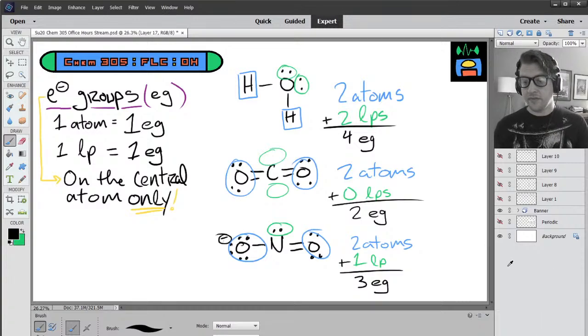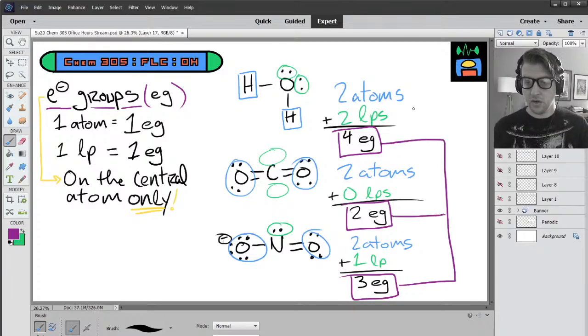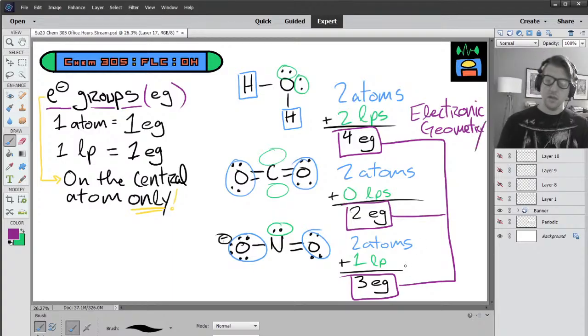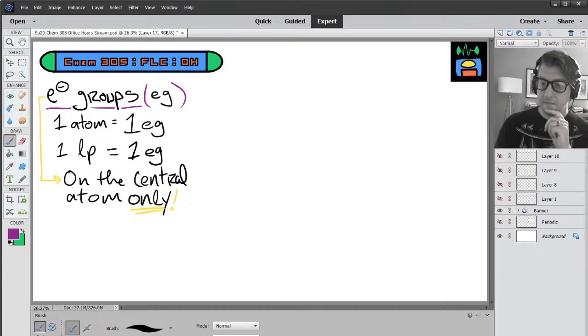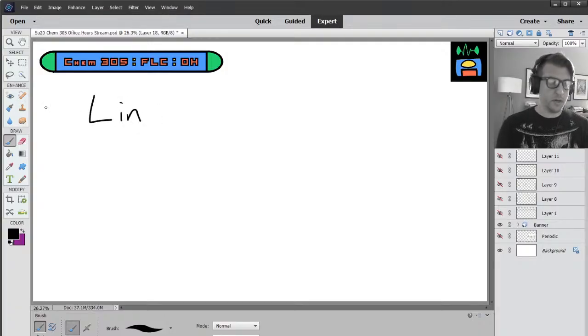And the number of electron groups around your central atom, these determine your electronic geometry. All right, those determine your electronic geometry, and here's how. For Chem 305, there are only 3 electronic geometries you need to know. All right, there is linear, over here.